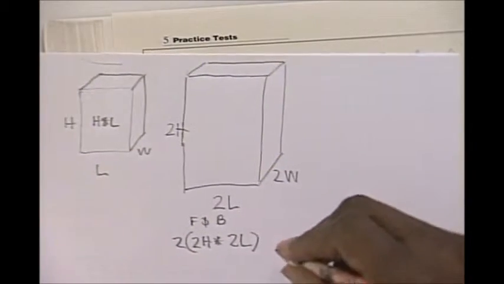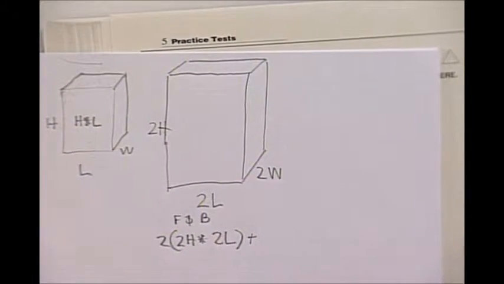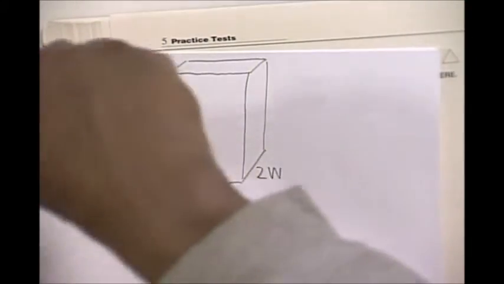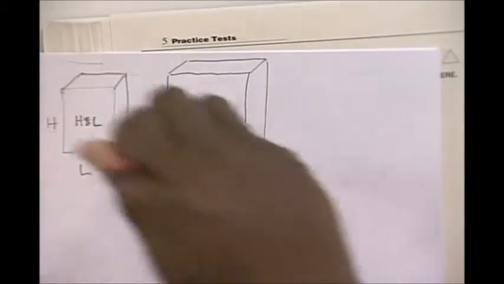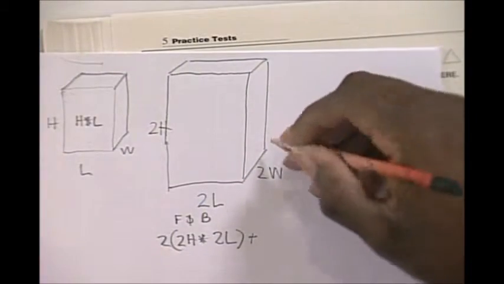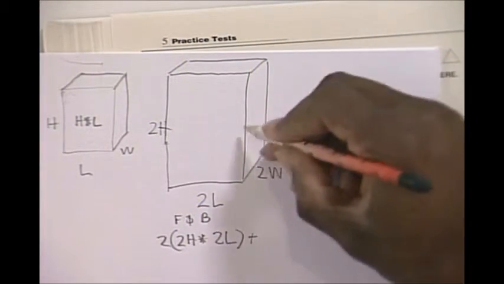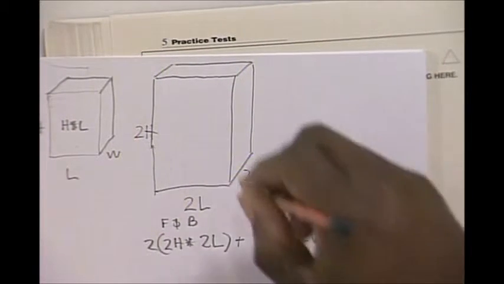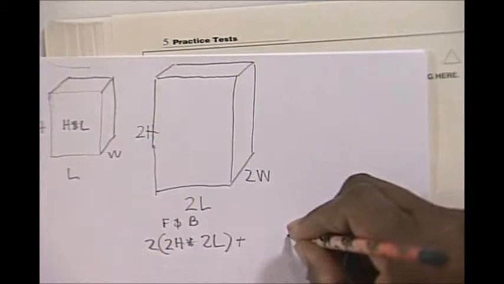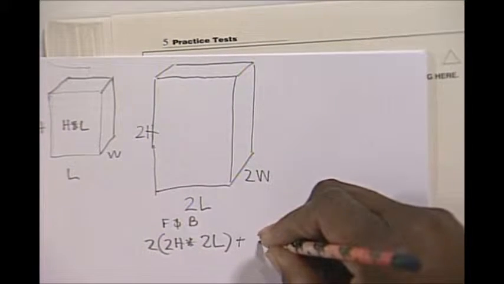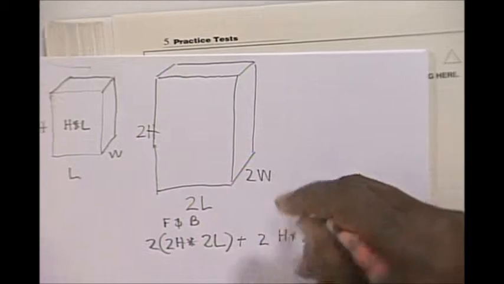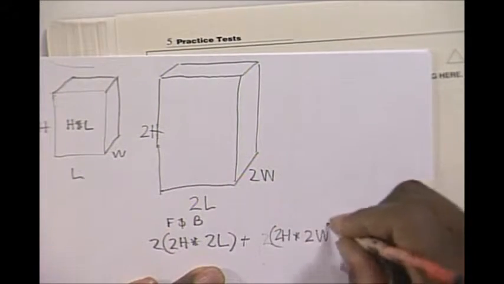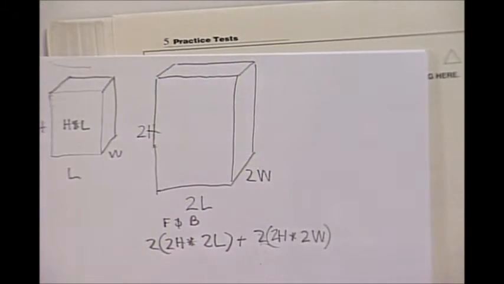Then to that, you're adding the area of the right surface and the left surface. The area of this surface here would be twice the width times twice the height, and then there are two of those surfaces, so that would be multiplied by 2.